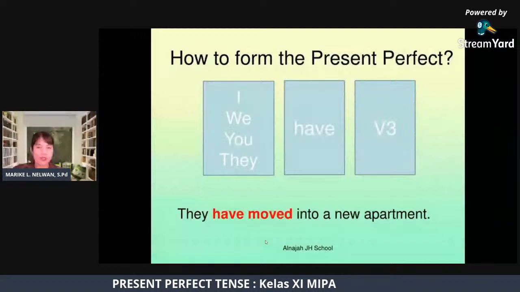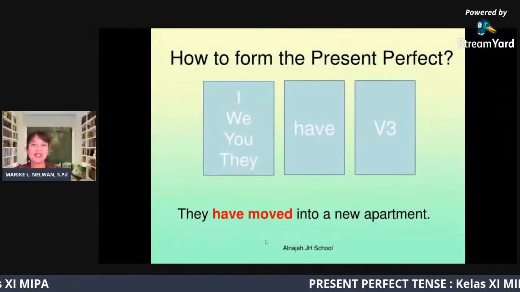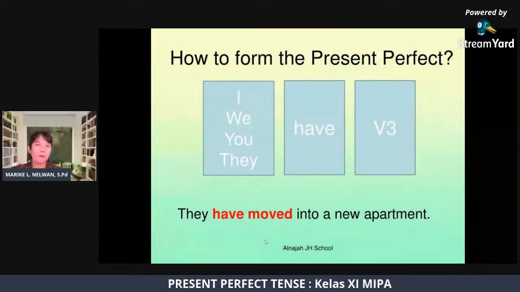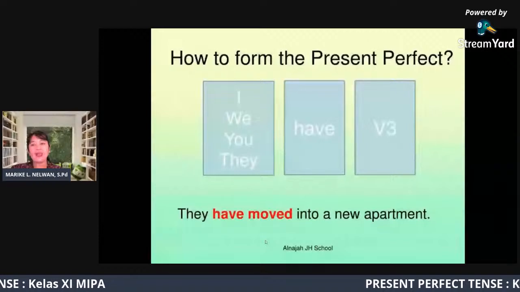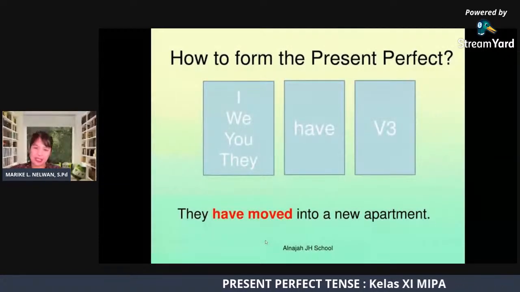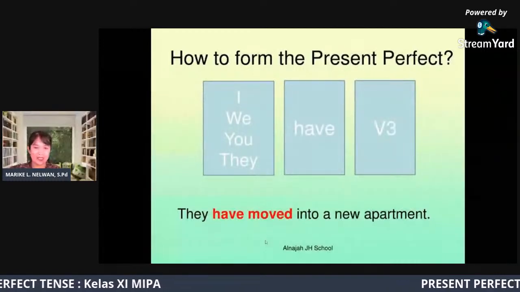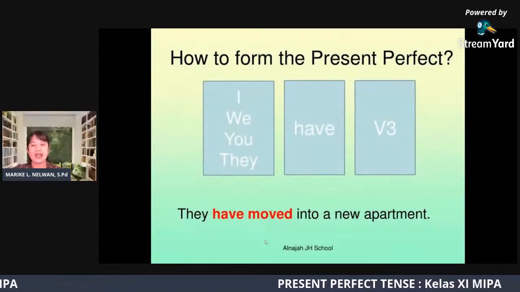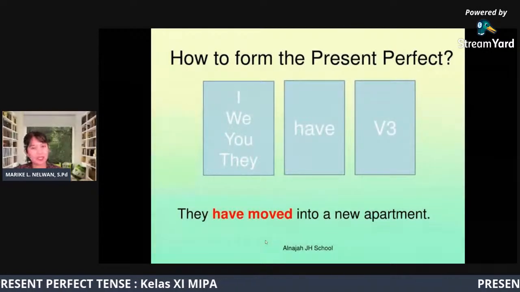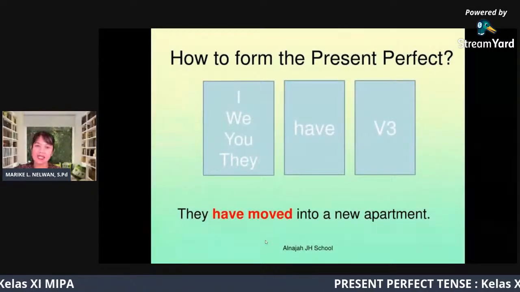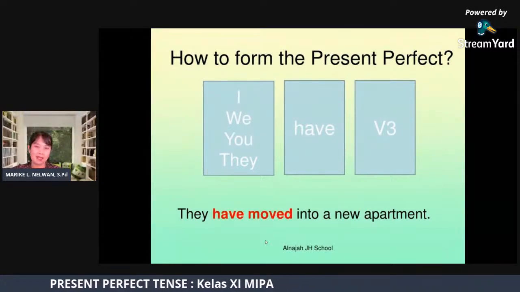Tetapi kalian mengalami kesulitan bagaimana membentuk kalimat tersebut, maka kalian dibantu dengan form present perfect. Kalian akan dibantu dengan kata kerja bentuk ketiga setelah have atau has dan didahului oleh subjek. Karena di sini subjeknya adalah they, maka akan diikuti oleh have, kemudian bentuk kata kerja ketiga. They have moved into a new apartment.